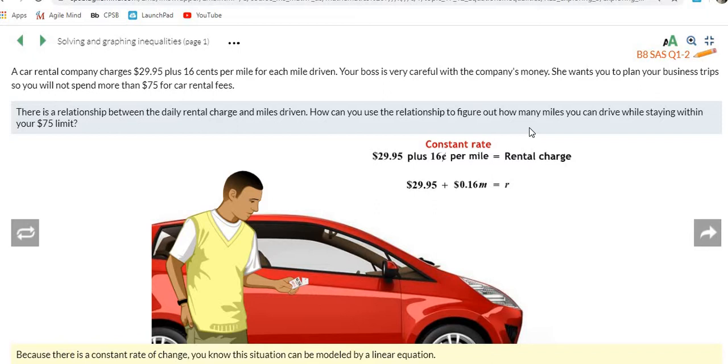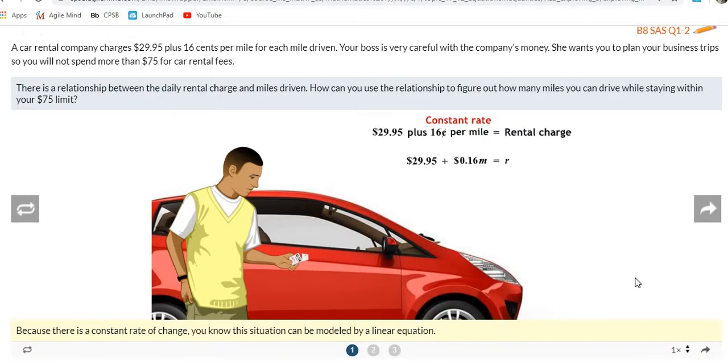This, however, is an equation, and I introduced this lesson saying we're dealing with inequalities. So I need to look at this first as a graph and see how many miles I can go with $75, because I'm going to reach a limit where I can't travel anymore or my boss is going to be mad at me, correct?